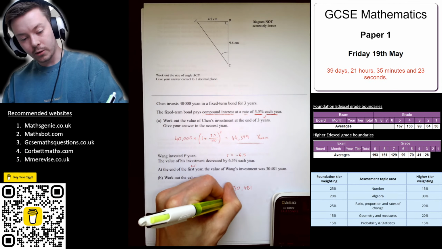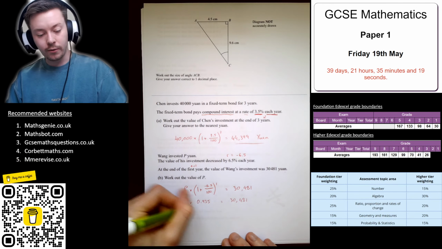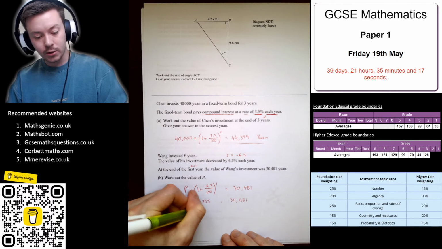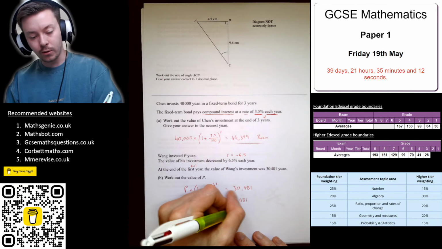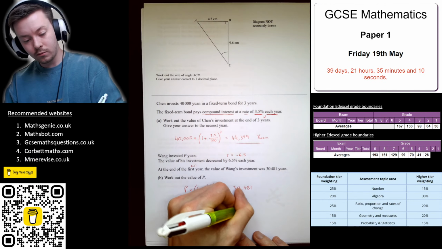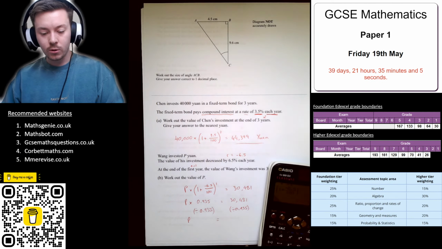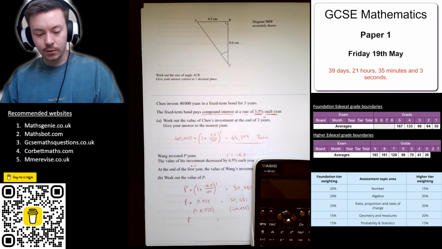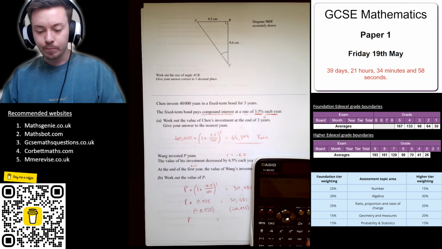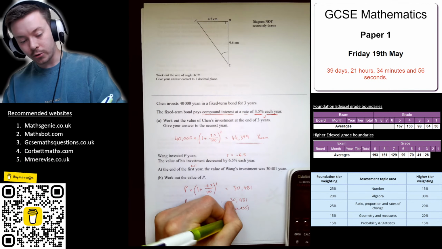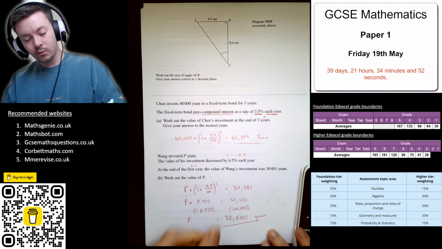That's equal to 30,481, and then I'm going to rearrange this. I'm going to divide both sides by 0.935 to undo this times by 0.935. That gives me P is equal to 30,481 divided by 0.935, which is 32,600. And that's my answer.